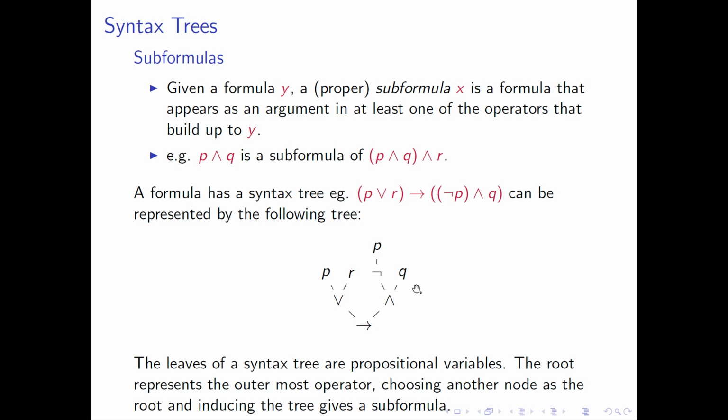So here it's the OR, here it's the AND, and then if we go down here, we get the variables at the leaves. Here there's another NOT before we reach this P. So the leaves of a syntax tree are propositional variables. The root represents the outermost operator. We can look at subformulas by choosing some other operator along the tree, or we can just choose a variable. And this is what a subformula is.